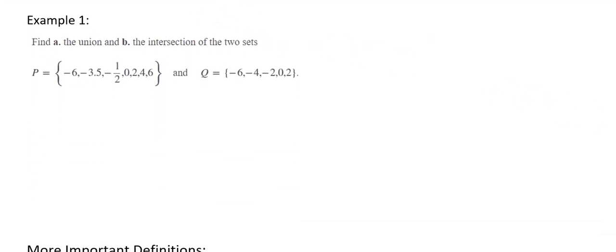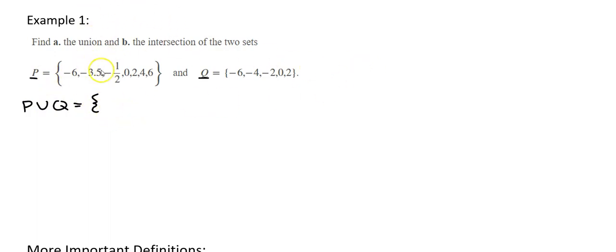All right, example 1. Let's see here. Find the union and the intersection of the two sets. Okay, well, union. We've got a set here. We've got a set here. Union is everything without repeats. So if we have a P union Q equals, put it in roster form, what would that be?